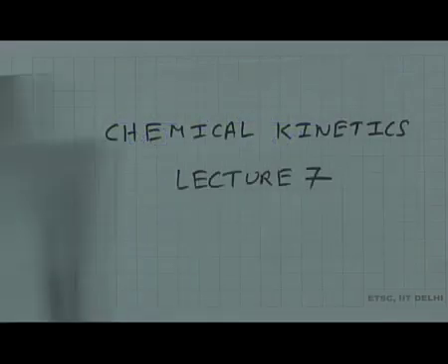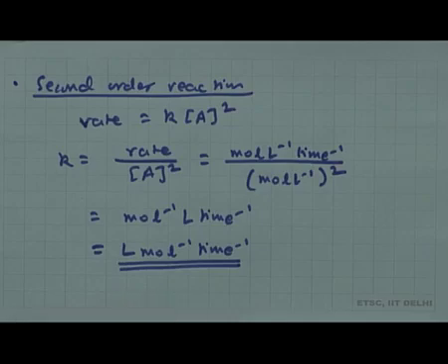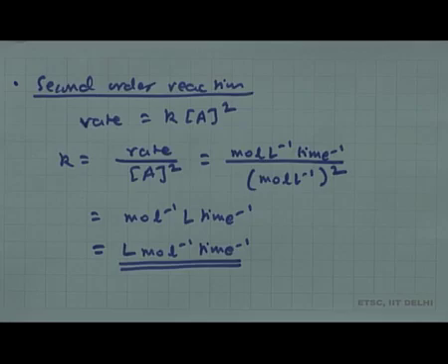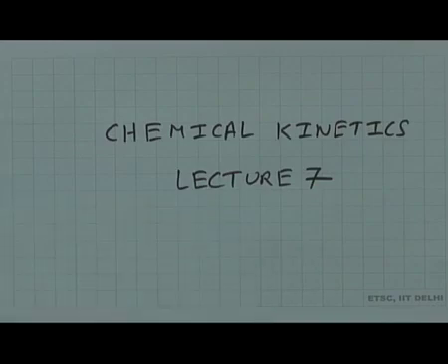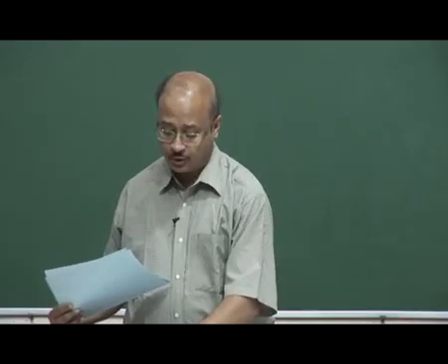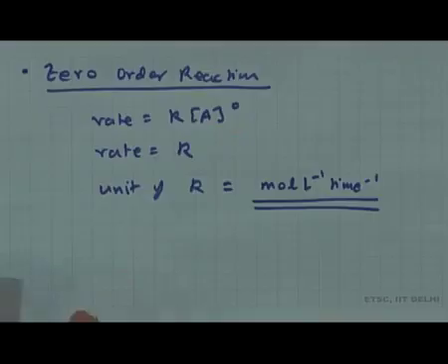For a second order reaction, it would be liter mole inverse time inverse, making sure that whichever has the positive exponent is written first. Then for a zero order reaction, the rate is equal to k times the concentration of the reactant raised to the power 0, that means rate is equal to k. So, whatever the unit of rate is, that turns out to be the unit of k, the rate constant.